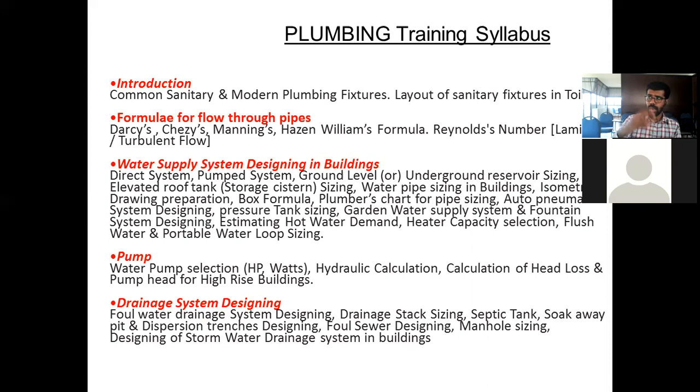So from the outlet of that STP, we can use a pump and give it for gardening. In the gardening, you can give drip connections, or drip irrigation, and the sprinkler system is there. Sprinkler system. Okay. You can set a sprinkler system, and you can use it for gardening also.